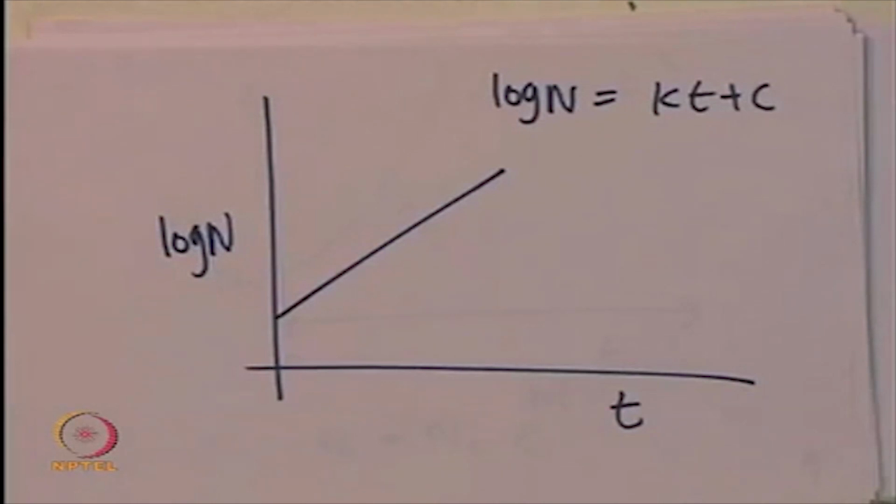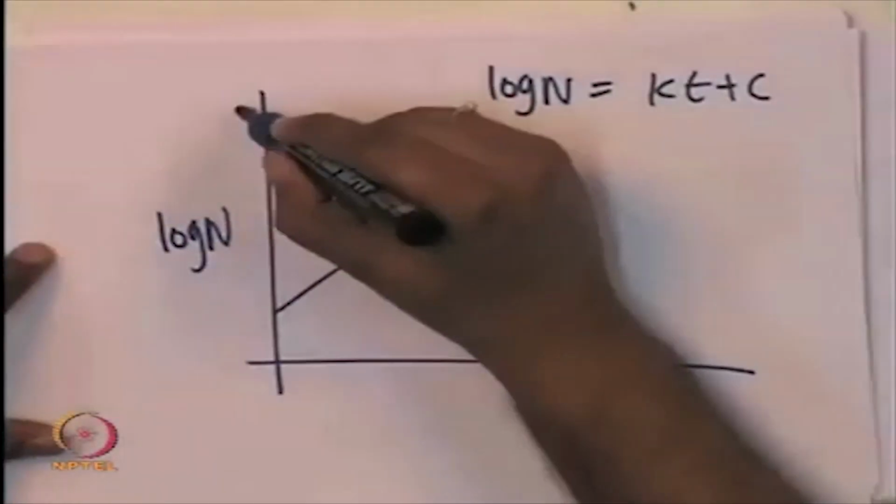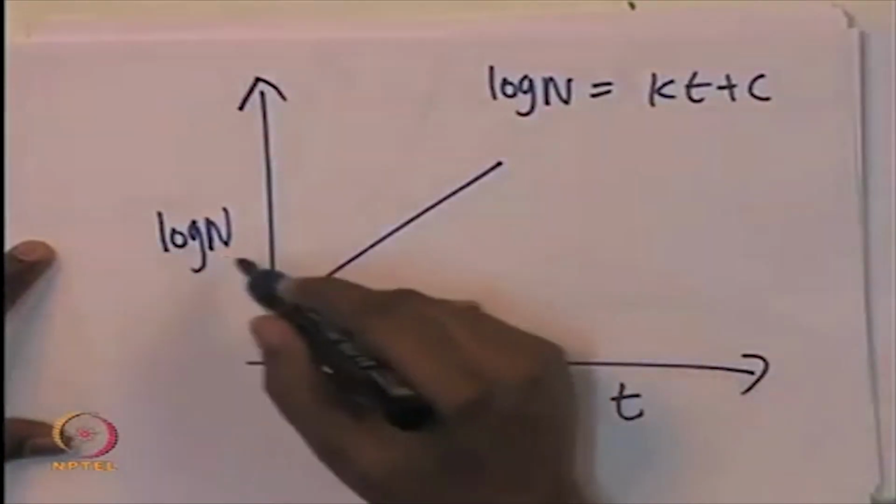So, this is what typically you call the log phase. In biology, we call it the log phase, right. So, there is a log phase of growth. Most of the time we draw a straight line, and the reason that we are drawing a straight line is precisely this, that in the y axis we are plotting log n, not n.